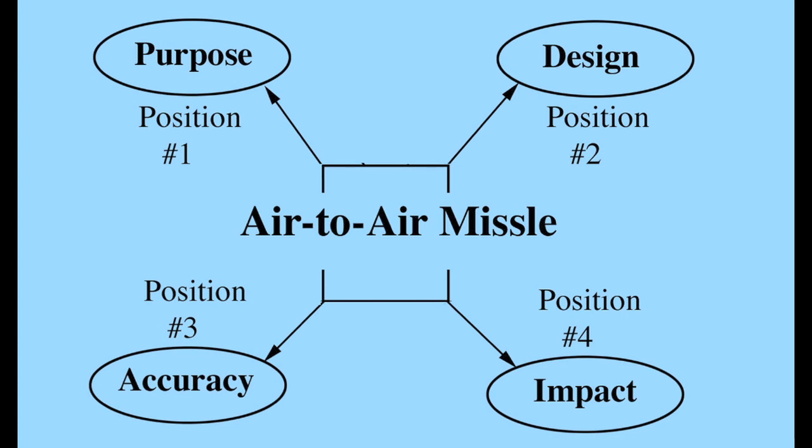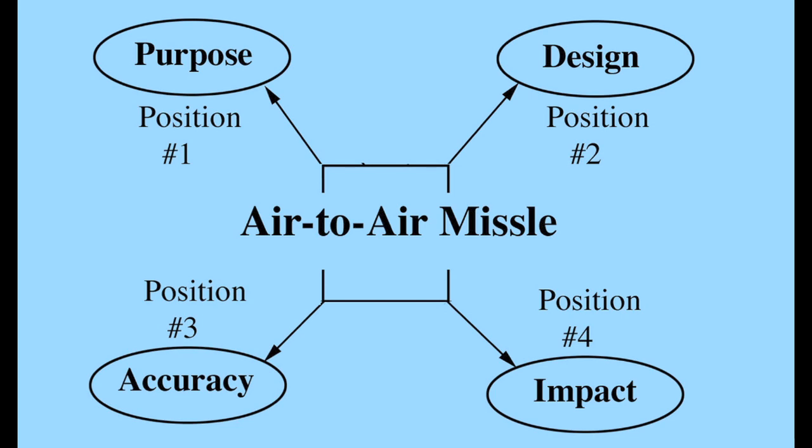So the purpose: to be able to take down another aircraft, an enemy. How we're going to design this missile is position 2. Position 3 is accuracy, and position 4, what type of impact.